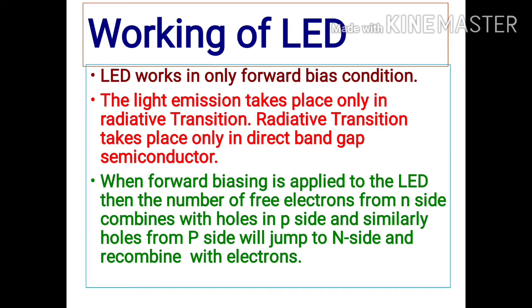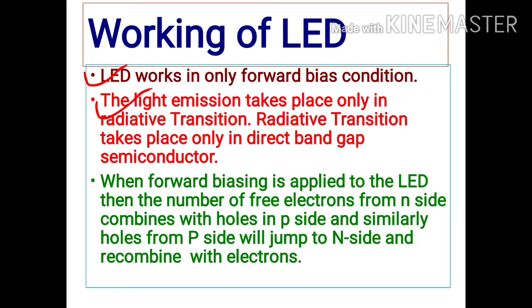So basically an LED works only in forward bias condition. It means if we apply the reverse bias condition to the LEDs, then it will not work, it may be damaged. The light emission takes place only in the radiative transitions. That means radiative transition means emission of the energy in the form of light and heat.